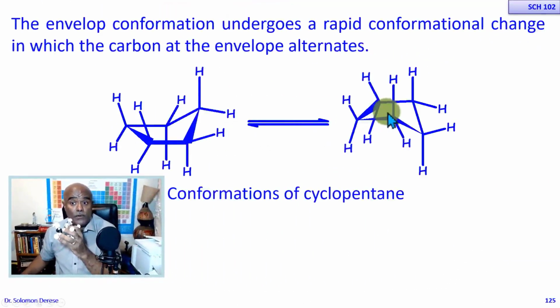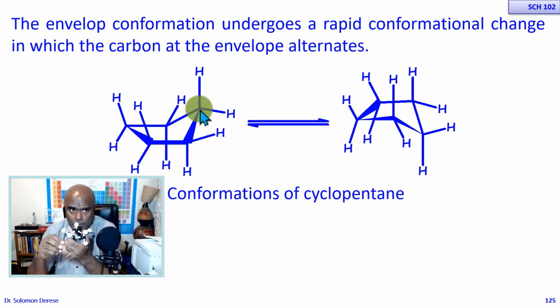So these conformations of cyclopentane, where this one is up, in this case, or the other one is up and the others are in the same plane, are always in equilibrium.